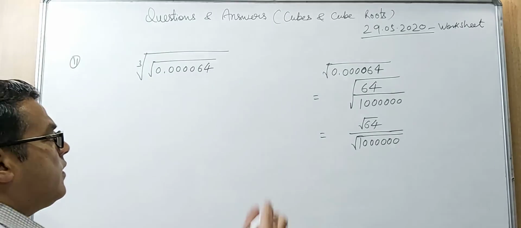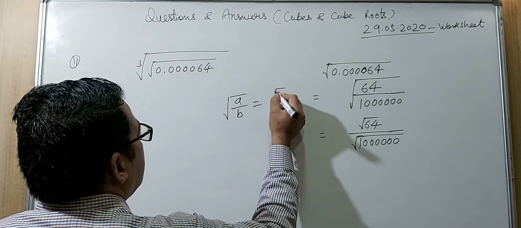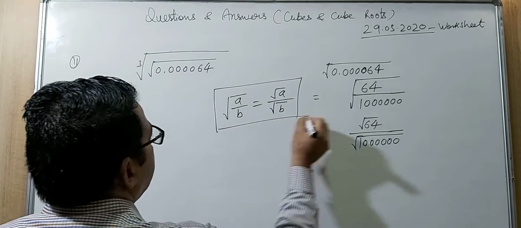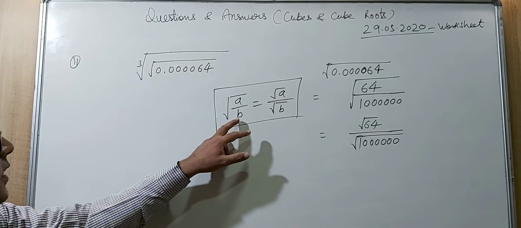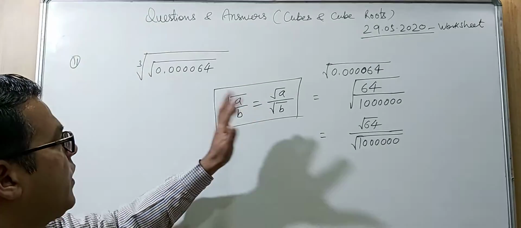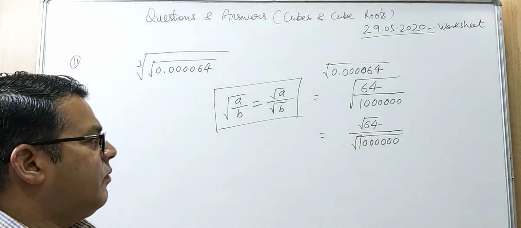Hope you understand. Similarly, the same property we are using here for squares, we can write the numbers individually. If two numbers are in division and share one common square root, we can write them individually: square root of A divided by square root of B. Same method we are using here.